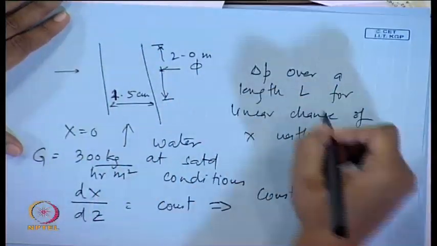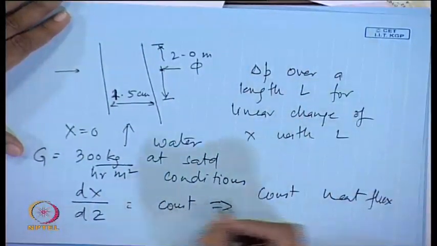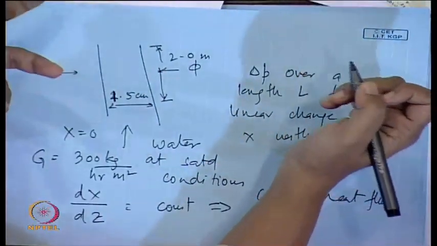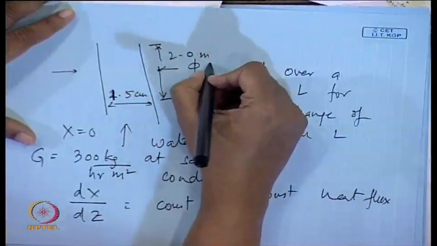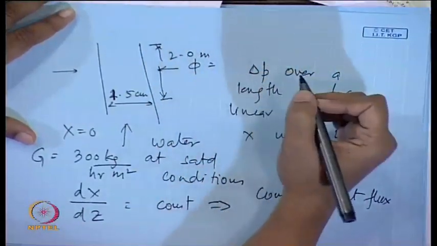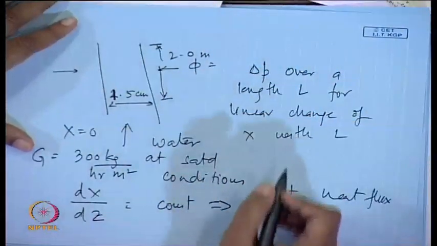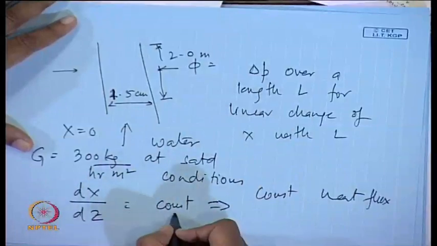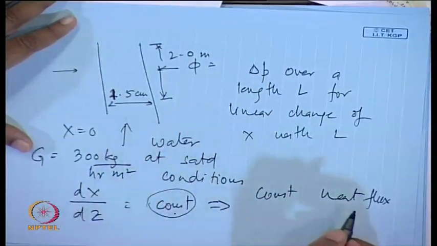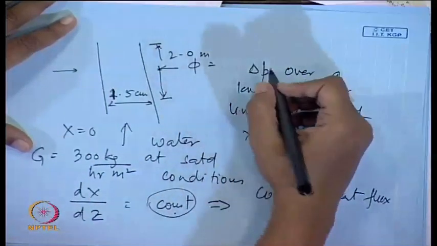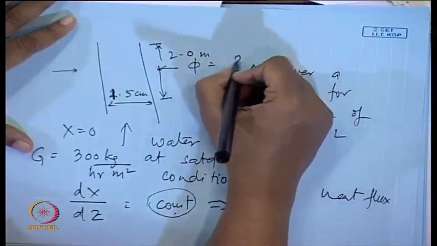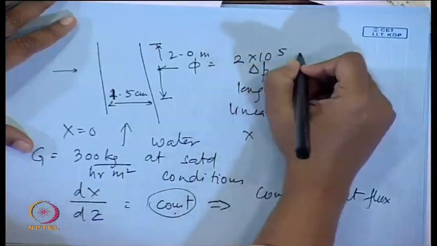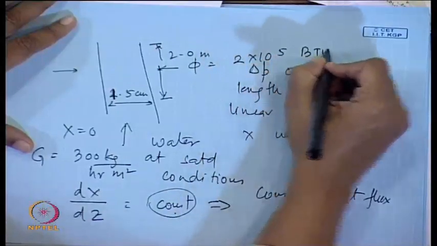And in fact, I have already told you dx/dz equals a constant, and therefore it implies a constant heat flux. If I give you the value of the constant heat flux, then you can find out this particular constant value of dx/dz, isn't it. So, the heat flux you can take as 2 into 10 to the power 5, this is in BTU, I forgot to convert it.